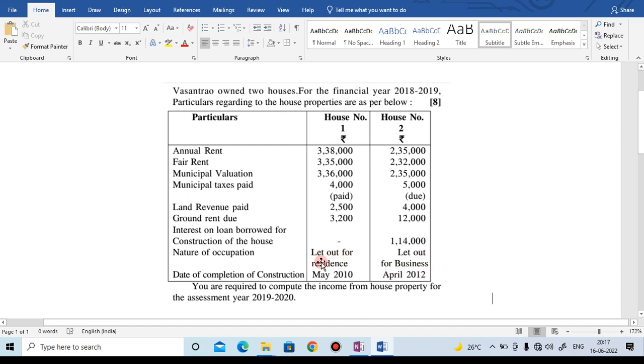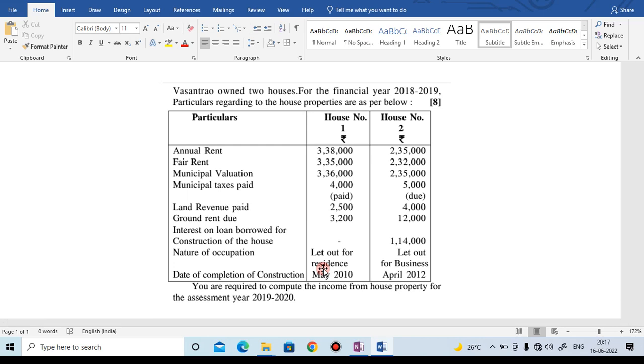This word is very important, whether it is self-occupied house property, deemed to be let out house property, or let out house property. If it is self-occupied house property, then the income from house property calculation will be different.